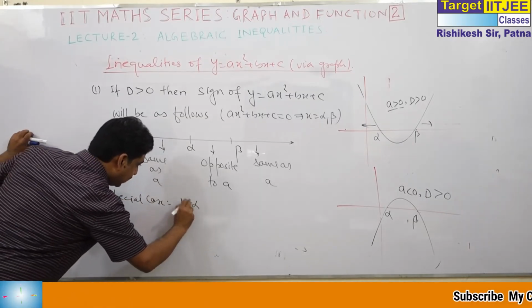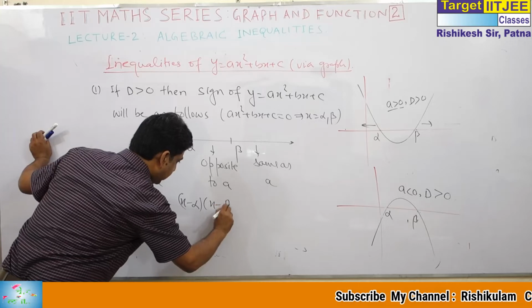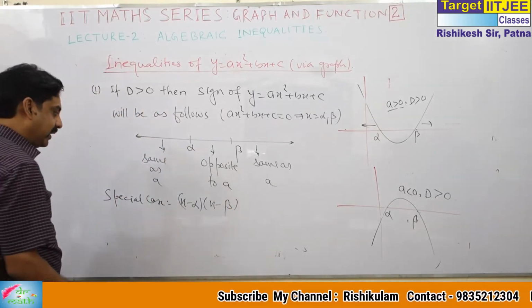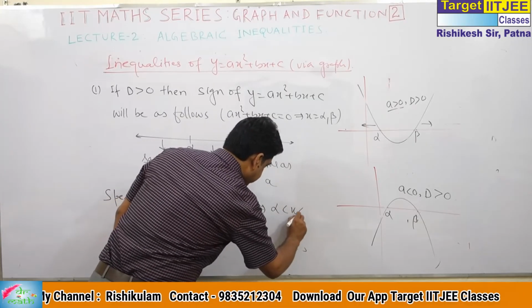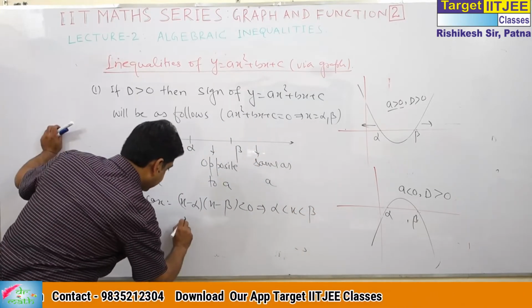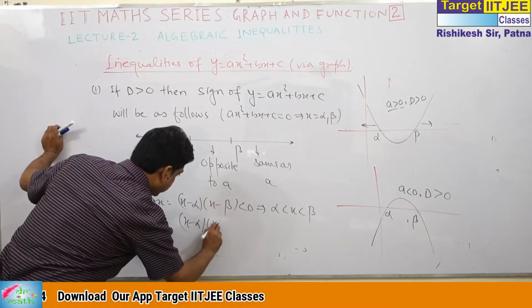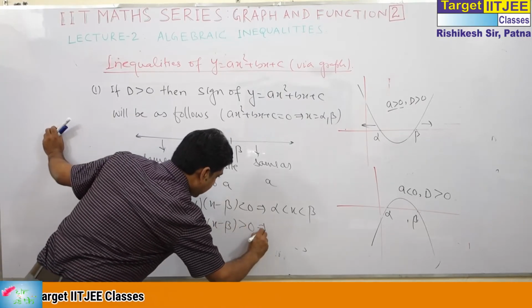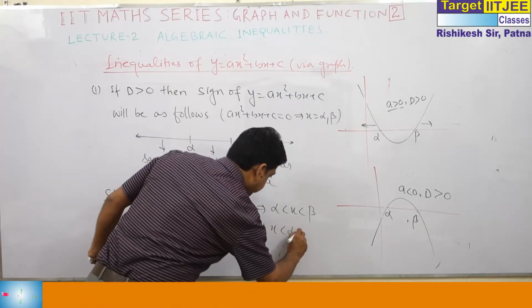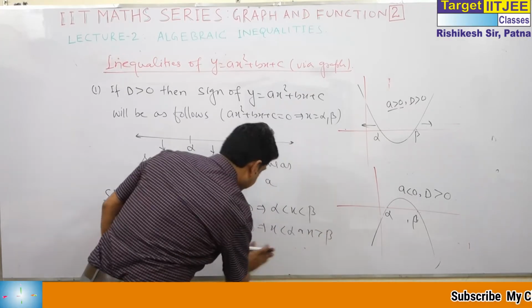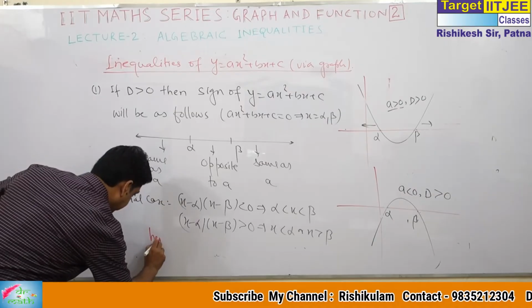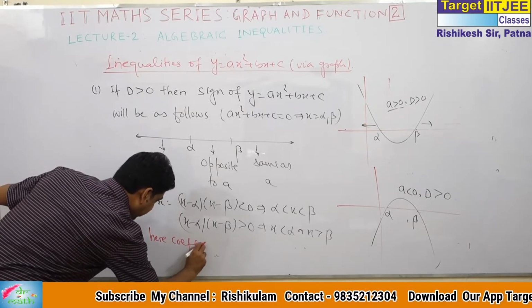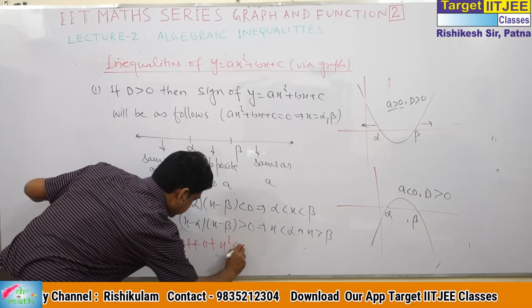Now we draw it through a special case. Actually, I have dealt with this one: x minus alpha, normally it factorizes. So when it factorizes, we write x less than alpha or x greater than beta. Here you have to note that the coefficient of x square is positive.